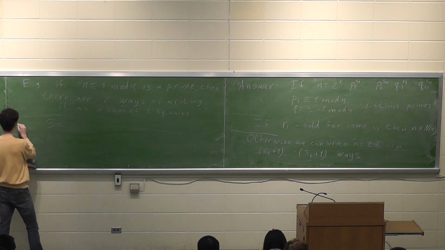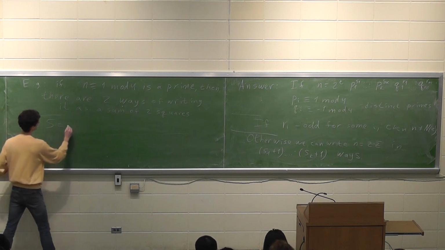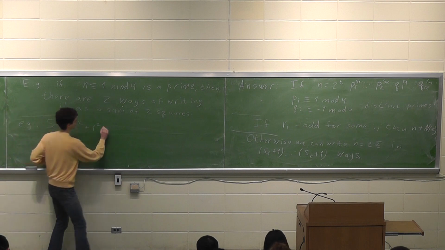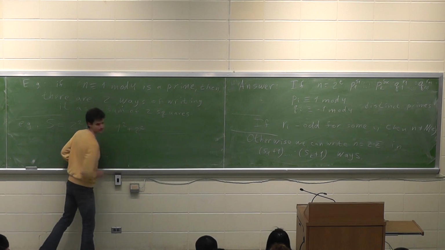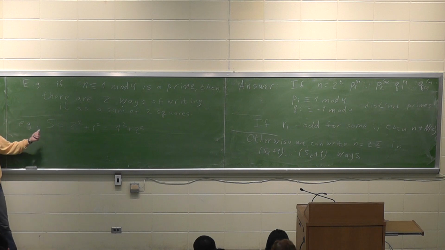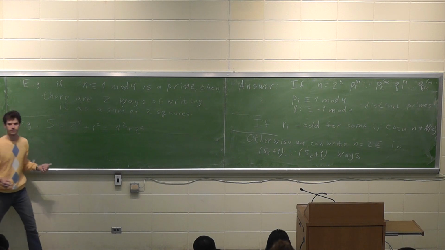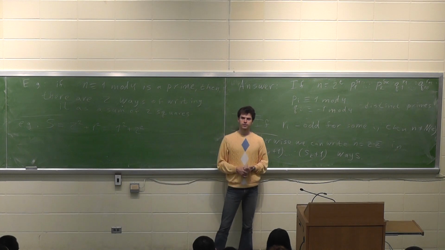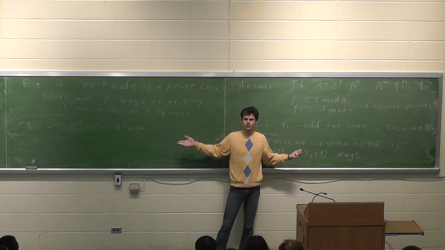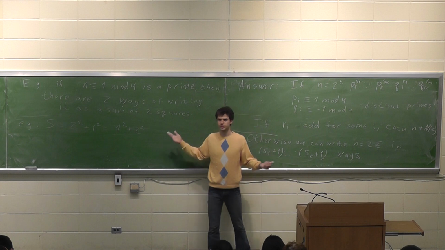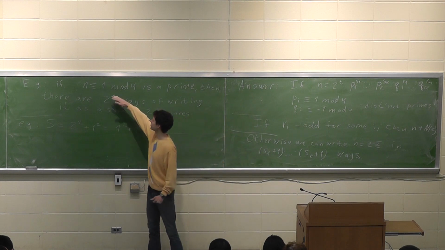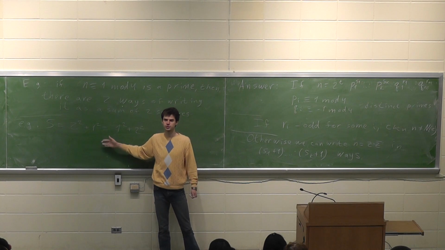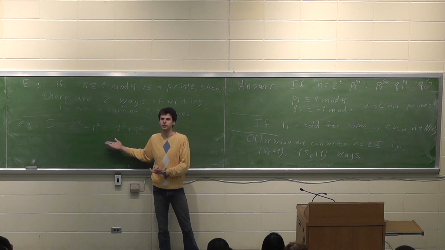So this theorem shows us not only that we can write such a prime number as the sum of two squares, but essentially we can do it uniquely.